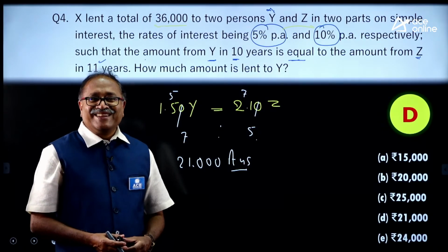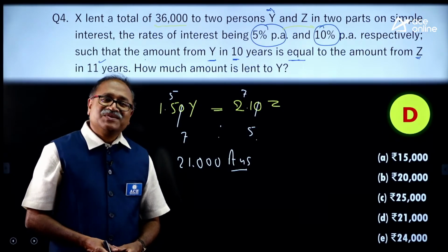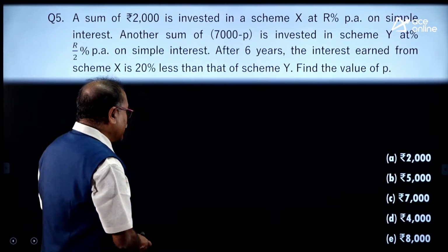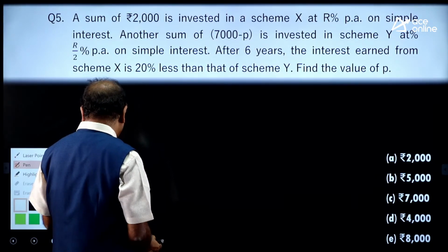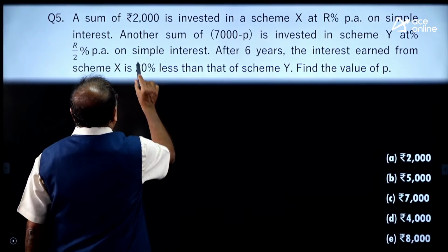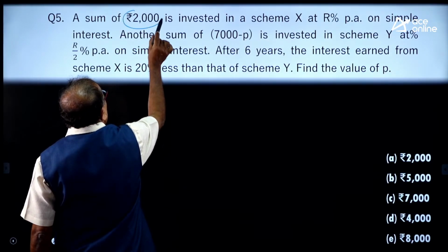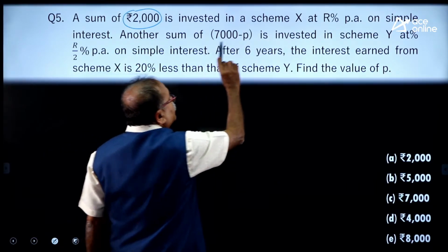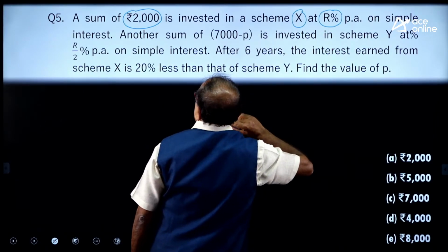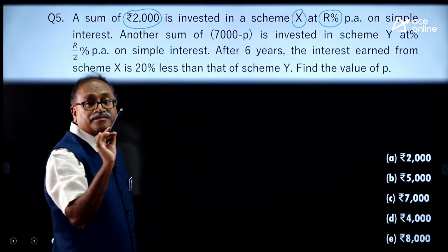Hope the question is clear. The next question on the board is this. I will read the question, then it is really a very good question, and then I will explain it to you. Rupees 2,000 is invested in scheme X at R% per annum on simple interest.